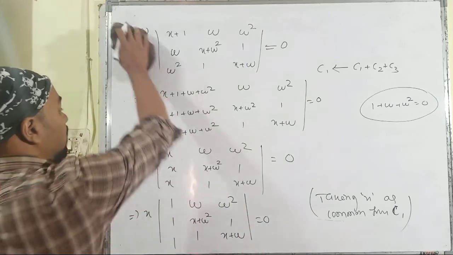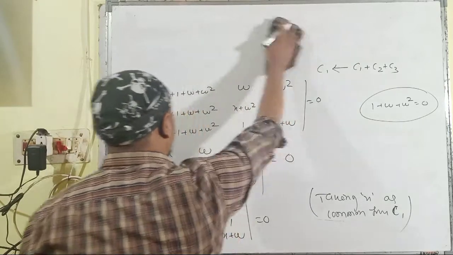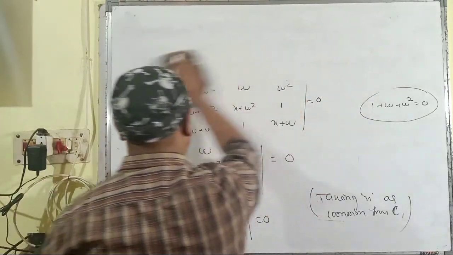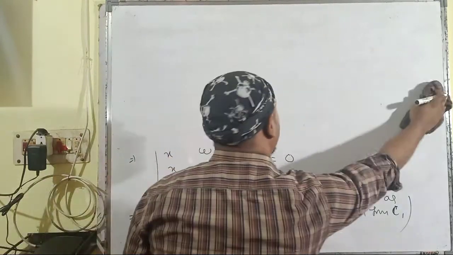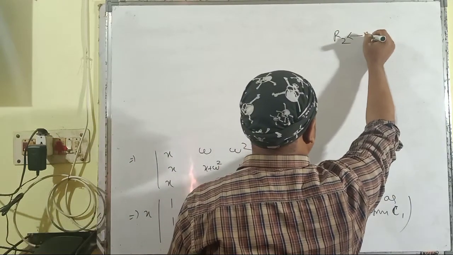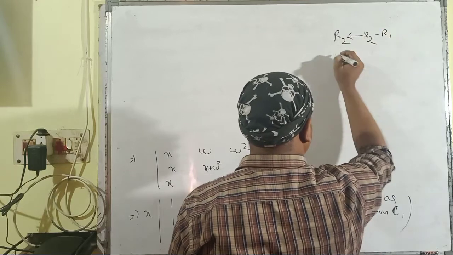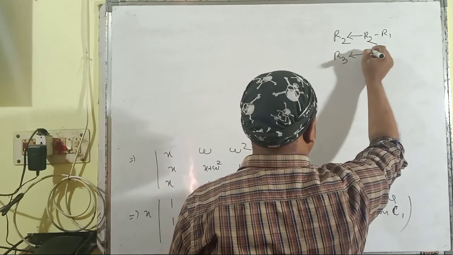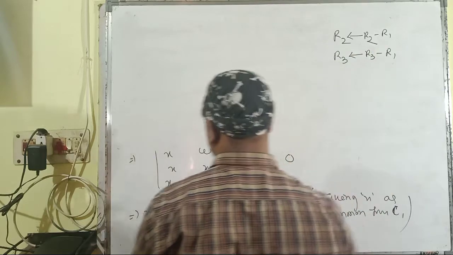Then we have to apply certain conditions, elementary row transformation methods. Row 2 is replaced by row 2 minus row 1, and row 3 is replaced by row 3 minus row 1.